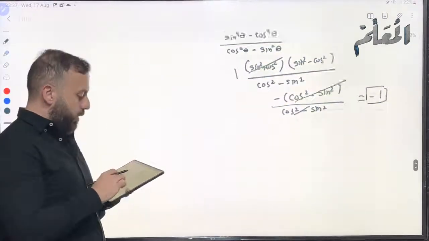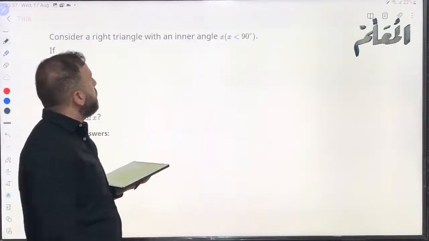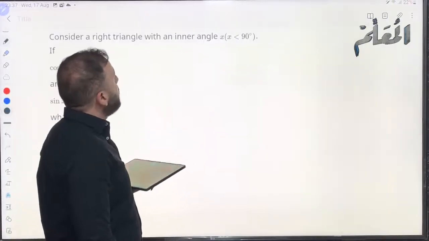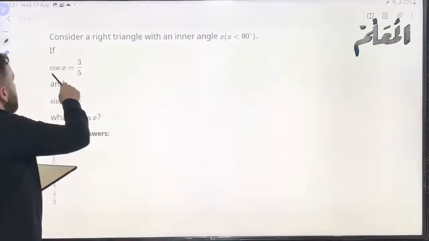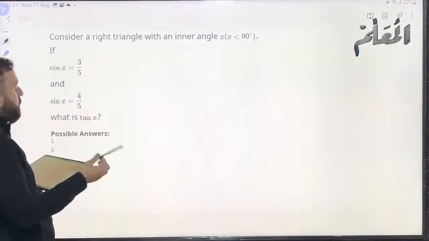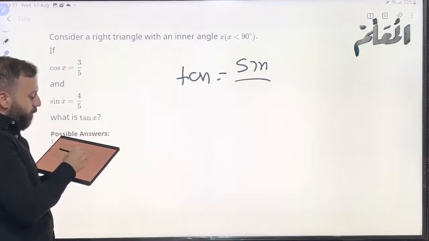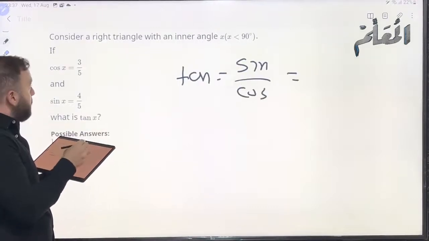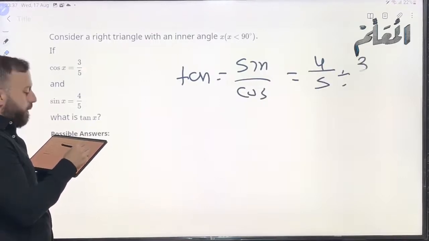The other question. In question 4, consider the triangle with an inner angle equal to x, and x is less than 90. If cosine x is 3/5 and sine x is equal to 4/5, what is tan? Easy way: tan is equal to sine over cosine. That's 4/5 divided by 3/5.